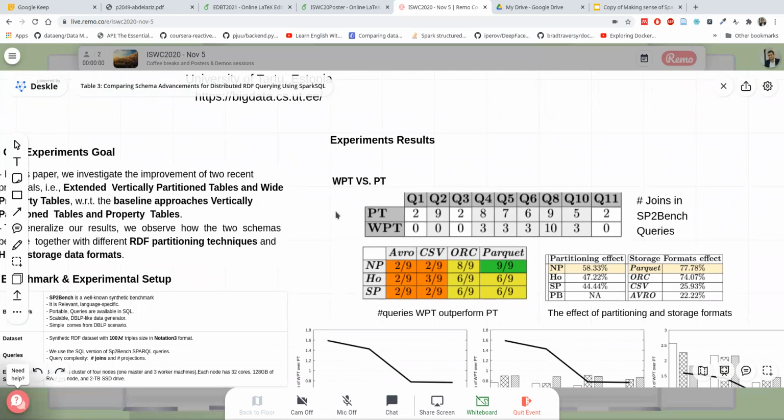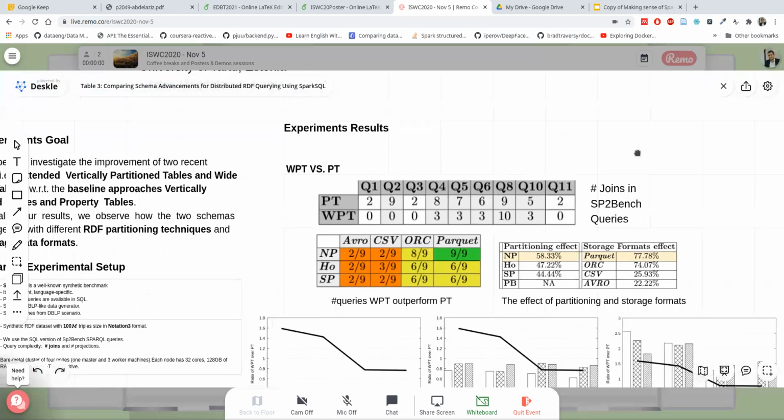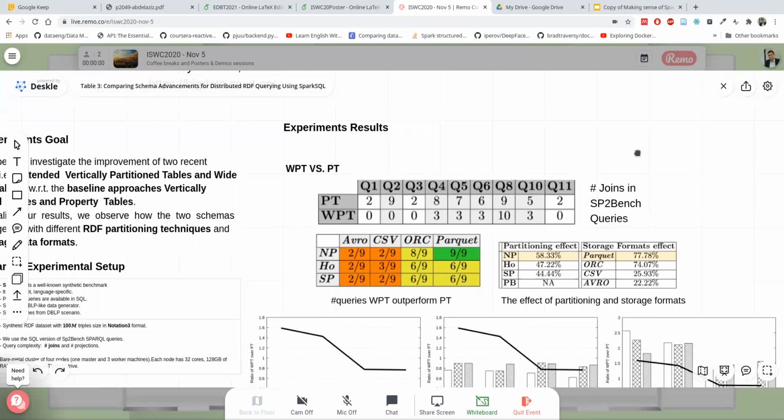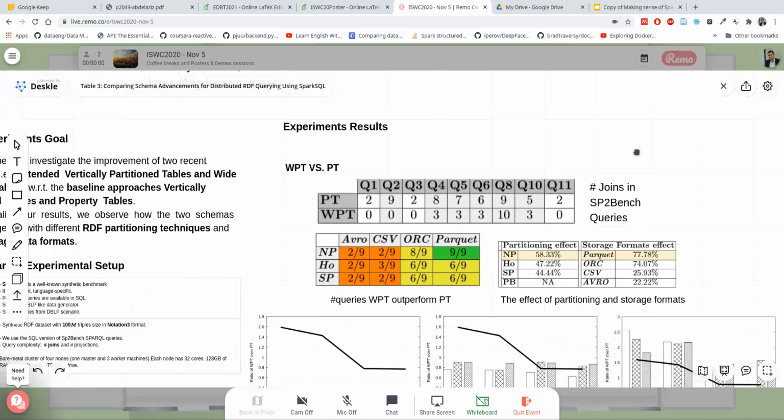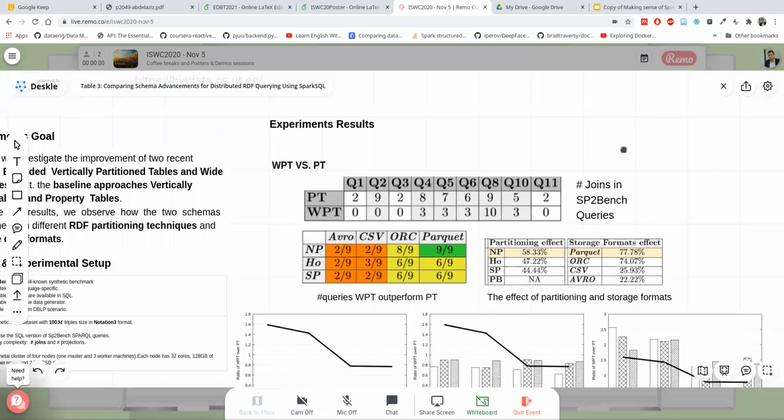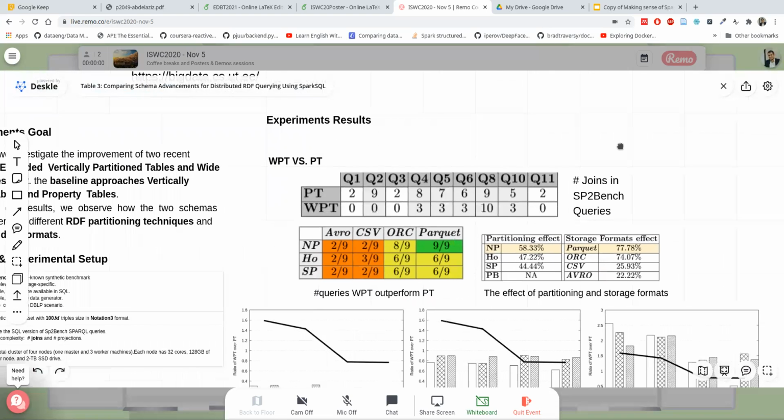According to this table that shows the number of joins in WPT versus PT for the SP2Bench queries, we expect that WPT outperforms the PT, especially with the star-shaped SPARQL queries that can be answered without any join operations using WPT. We also expect that Parquet handles efficiently the sparsity that comes with WPT, thus outperforming other storage file formats in Spark.